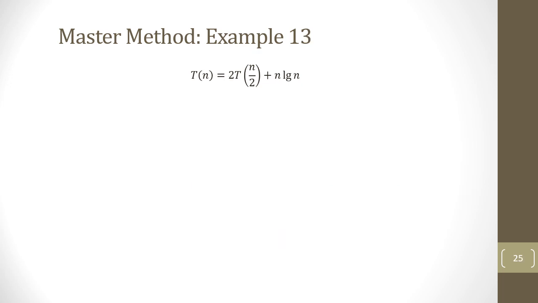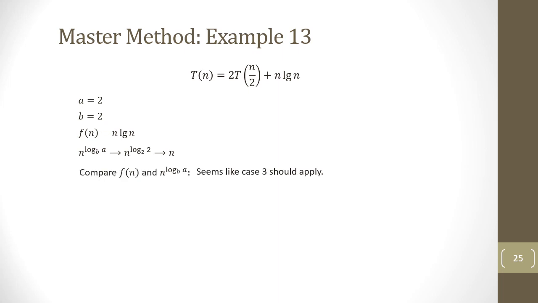Now let's look at another tricky recurrence equation. In this case, a is equal to 2, b is equal to 2, and f of n is equal to n log n. N to the power of log base b of a turns out to be n. If we compare f of n with n to the power of log base b of a, it seems that case 3 should apply because the growth of f of n is n log n, which is greater than the growth of n to the power of log base b of a, which is n.